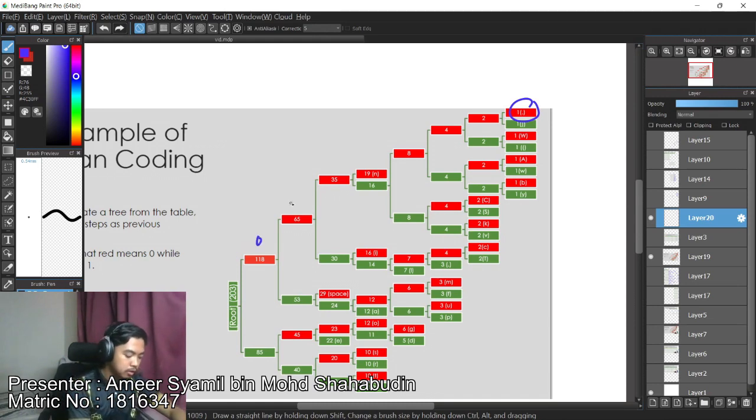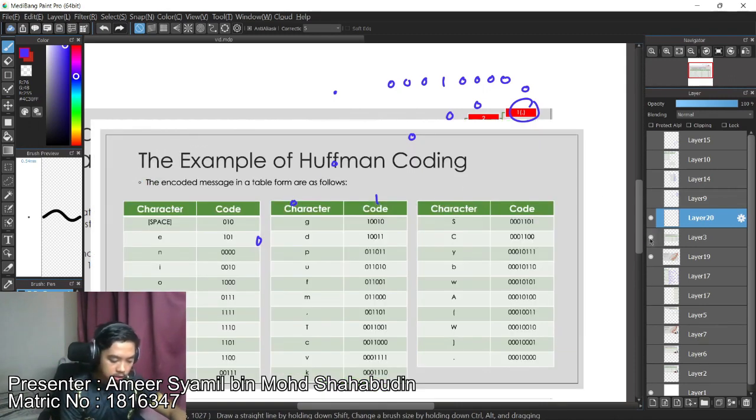So the encoding for the dot should be 0 0 0 1 0 0 0 0. Let's check the table that has been constructed: 0 0 0 1 0 0 0 0. Okay, it is true. So that's how a character is encoded from the constructed Huffman tree.